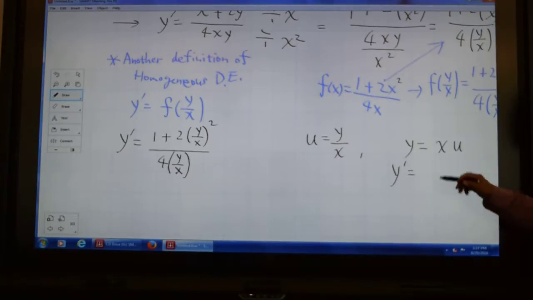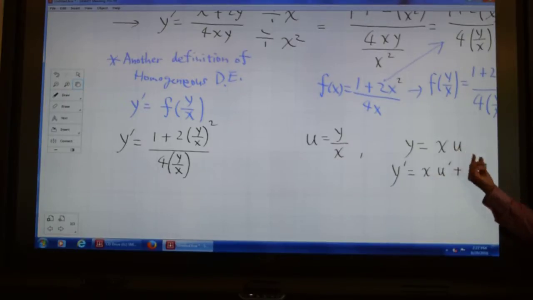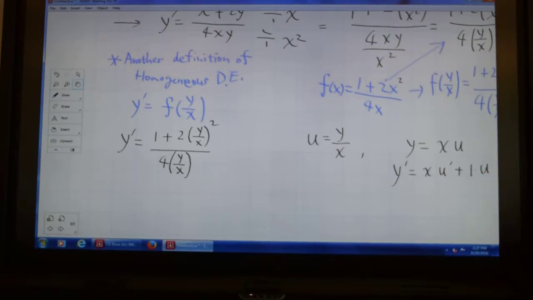So what is y prime then? x and u are both functions of x, right? So you should do x u prime using the product rule plus 1 times u. Using the product rule, you differentiate the second, leave the first, and you differentiate the first, leave the second. So that's your y prime.